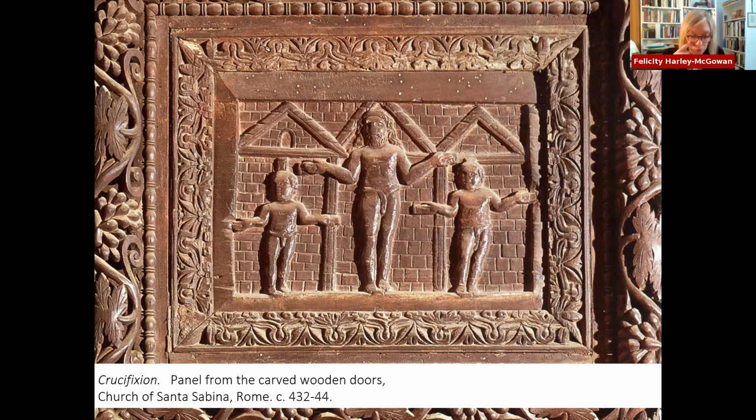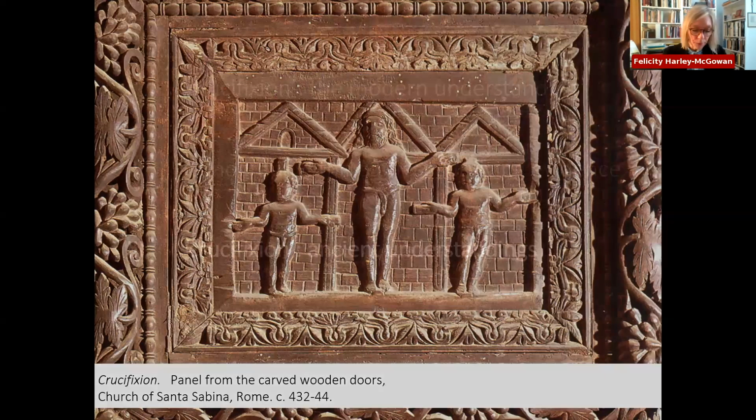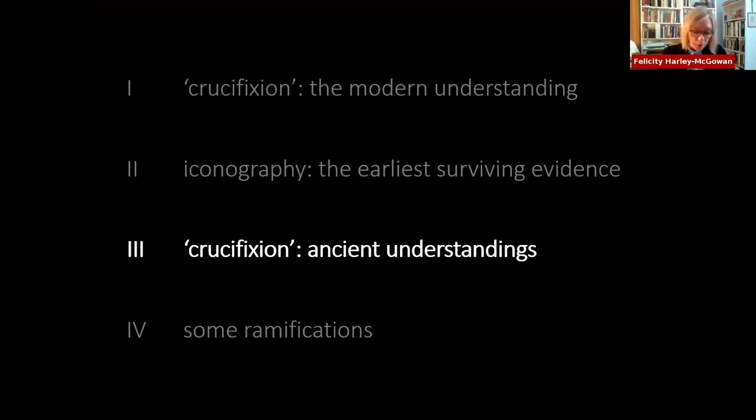Let me now turn to Roman sources to help illuminate this iconography, which, although in part is familiar, also has some rather curious features. The origins of crucifixion as a penalty are difficult to trace, and it is unclear how the Romans came to adopt and develop crucifixion as a form of execution.